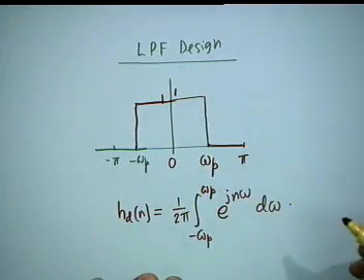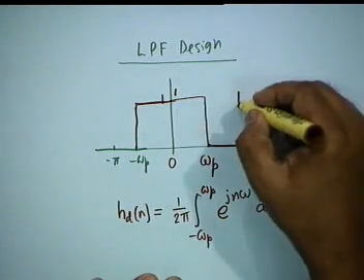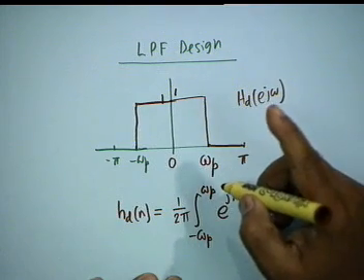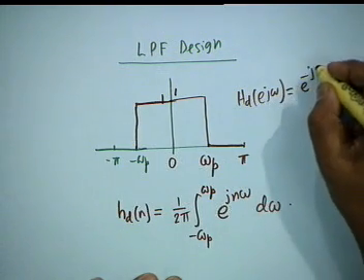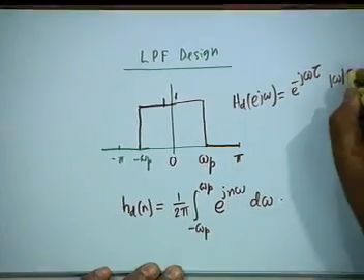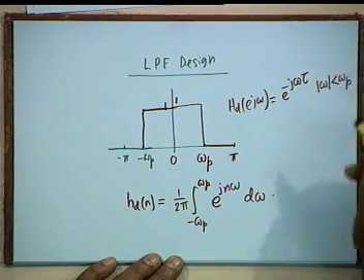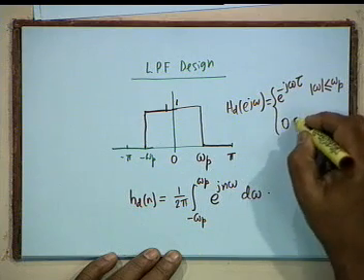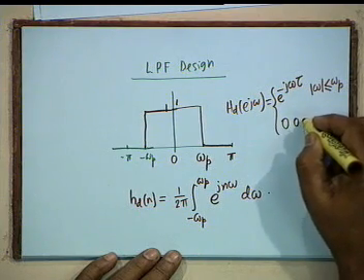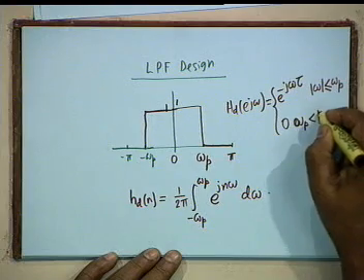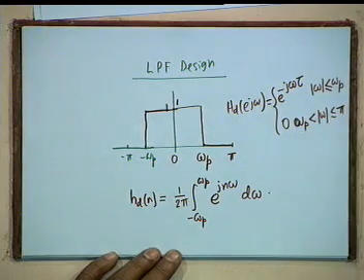We want a linear phase, and therefore we don't take this value as 1, we take this value H_d of e to the j omega not as 1 but as e raised to the minus j omega tau for magnitude omega less than or equal to omega p, and 0 otherwise, which means omega p less than magnitude omega less than or equal to pi.